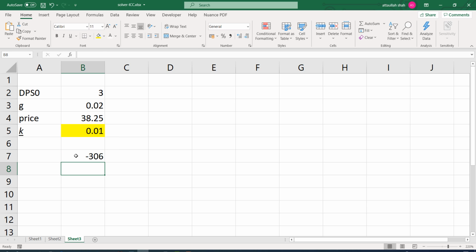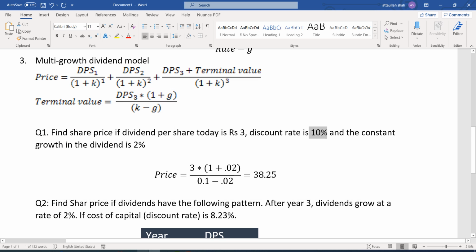Okay, so this is our objective cell, which we shall try to equate to the share price. If we look at the equation, this is the equation. This whole value should be equal to share price. So let's say share price is given 38, and we have all these inputs. Just one of the inputs is missing, that is this value.